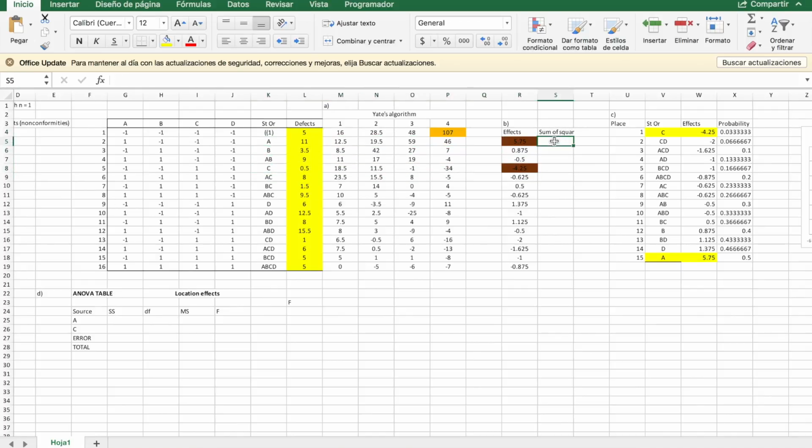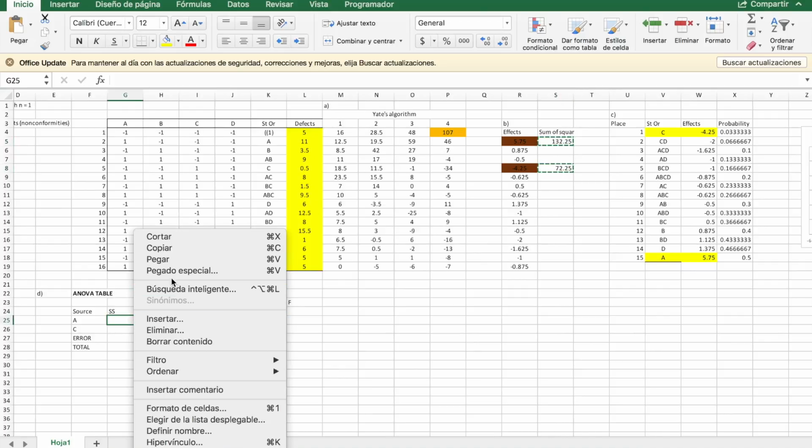So we're going to do the ANOVA table, and we need the sum of squares, which is the number from the fourth column squared over the number of replicates, 1 times 2 to the 4th, which is our design. It always has to be the number calculated in the fourth column. It's the same for C. We grab the values and place them on the ANOVA table.